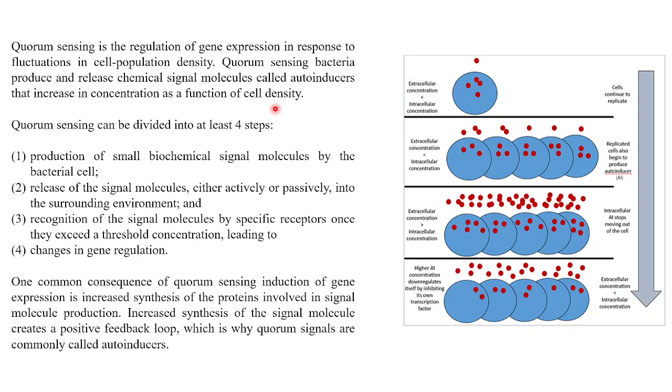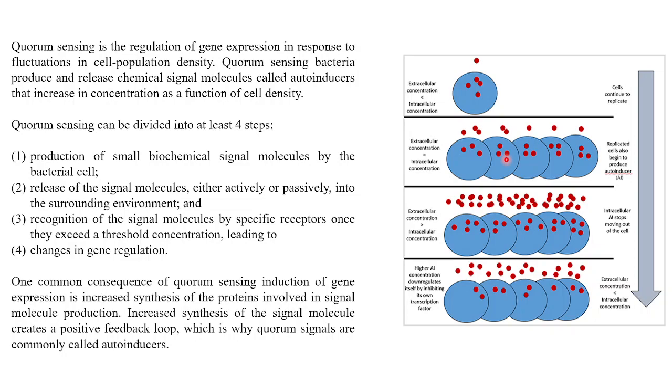And this entire process of quorum sensing can be divided into 4 steps. There is production of small biochemical signal molecules by the bacterial cell, as you can see over here, and these signal molecules are then released either actively or passively into the surrounding environment, either passively along the concentration gradient, or actively with usage of energy against the concentration gradient.